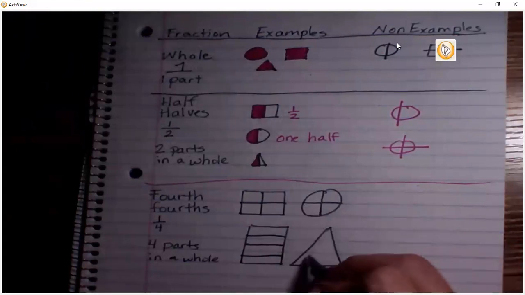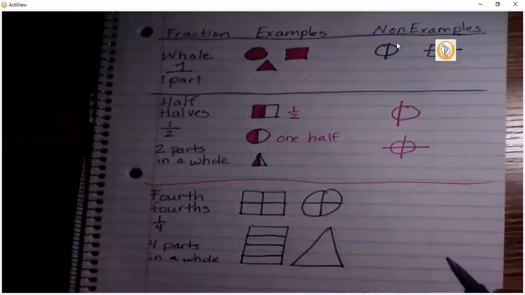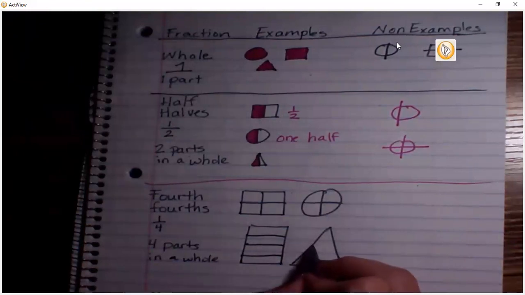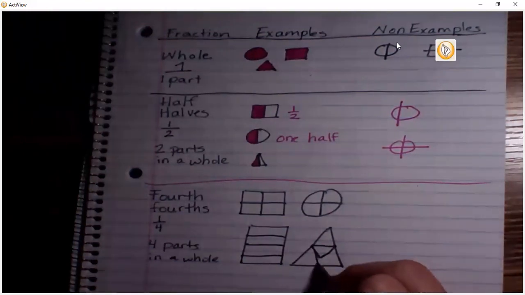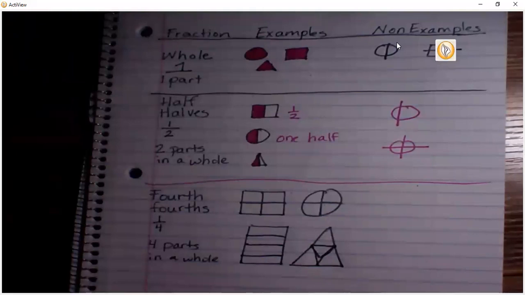I know that we are just working on this in our notebook, so it can be kind of difficult to make sure they're perfect. I'm going to show you the little trick for the triangle. The trick is to make a triangle in the middle of it. Oops. Forgot to make mine long. There we go. Okay.